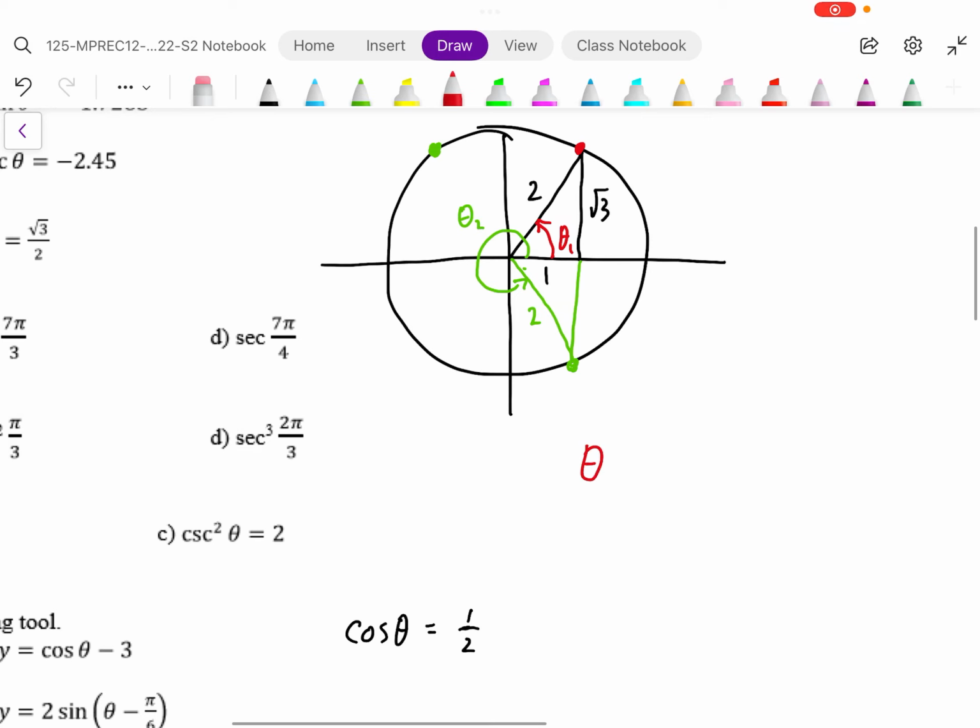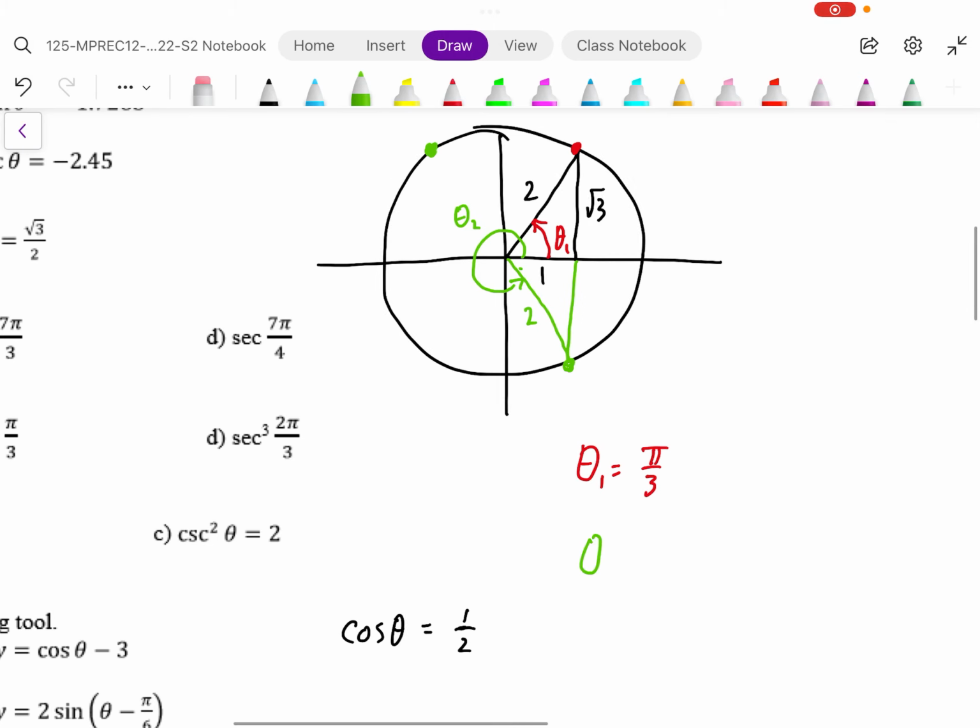So our theta 1, we're going to get as 60 degrees or pi over 3. And then theta 2 is going to be the angle found in quadrant 4, because we can see that it's going to give us the same horizontal length of positive 1. And so this position is going to be 5 pi over 3.